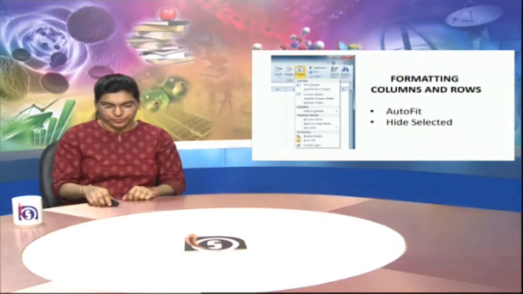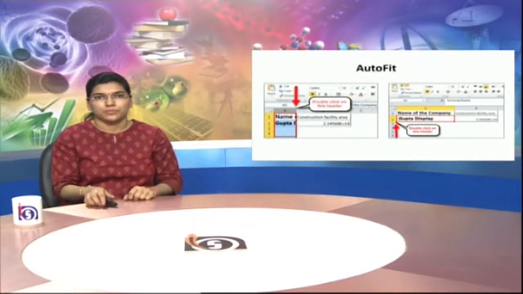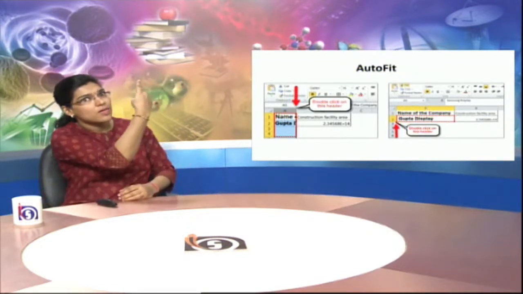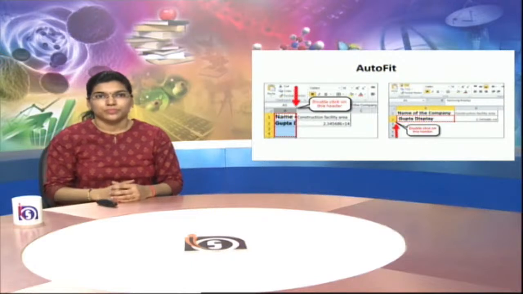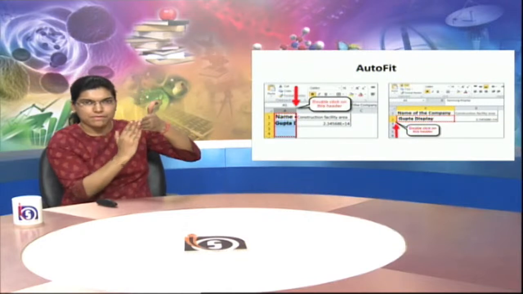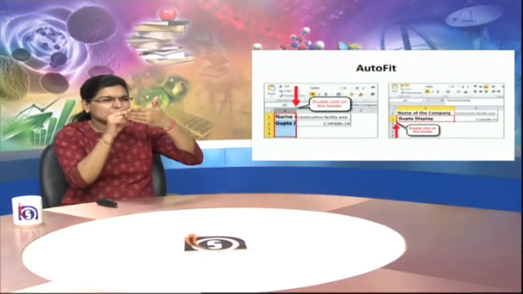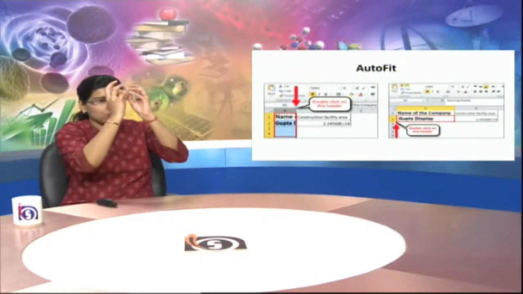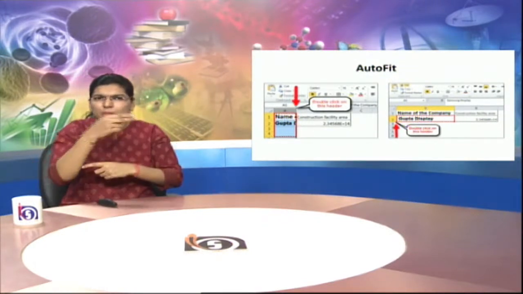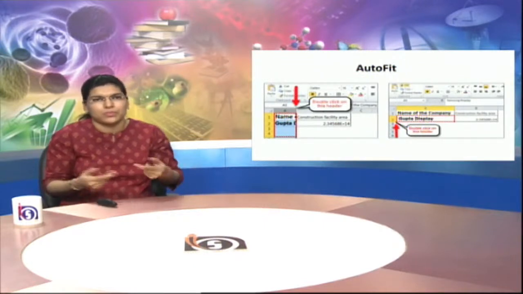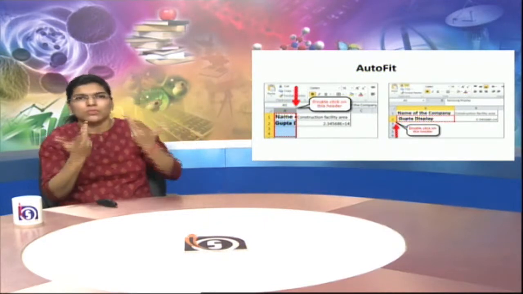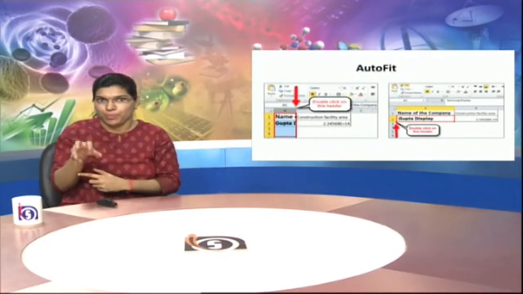Now, I will show you the picture of auto fit so that you can understand it in a better way. You can see on the screen there are 2 boxes. If I type any word and it is showing half text, not the full text, I have written the full text or full sentence, for example, a company name or anything, but that is not visible fully.